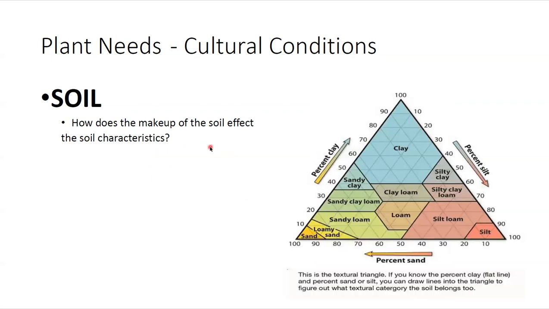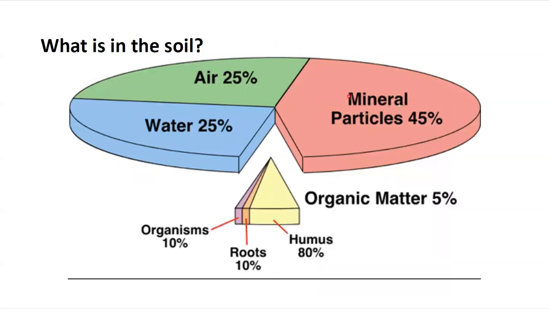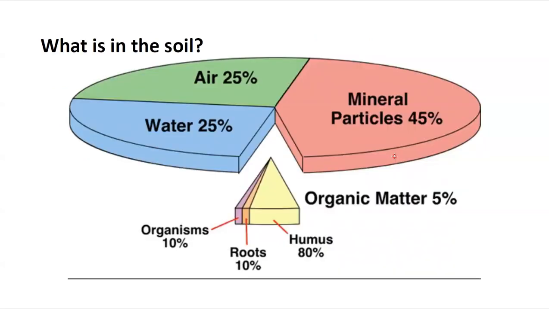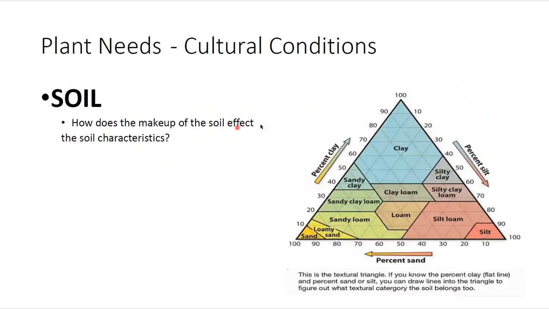So the mineral content of the mineral particles, those being some sort of composition of sand, silt, and clay, the three different size particles, drives some of the inherent characteristics of that soil.